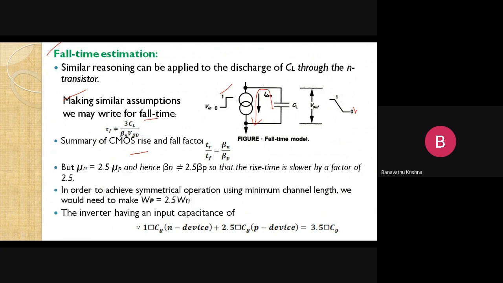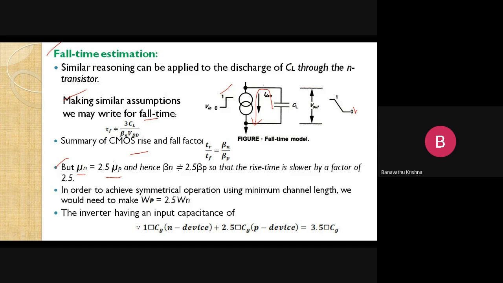Here you know that the mobility of electrons is equal to 2.5 times the mobility of holes. You want to remember one point here: the fall time takes a very small amount of time to discharge the capacitor, whereas for rise time the capacitor is charged and takes a very large amount of time, because there is a difference of mobility of the charge carriers between the n channel and the p channel, right?